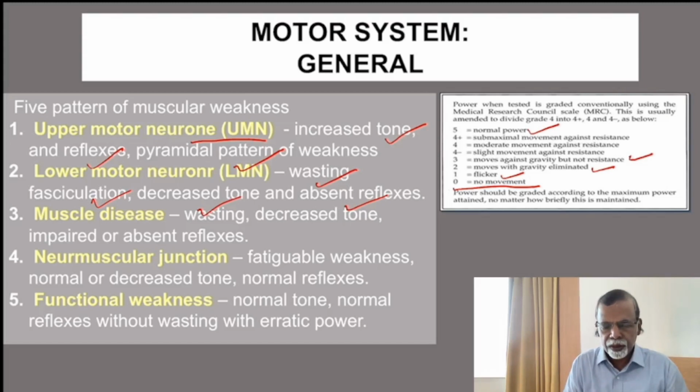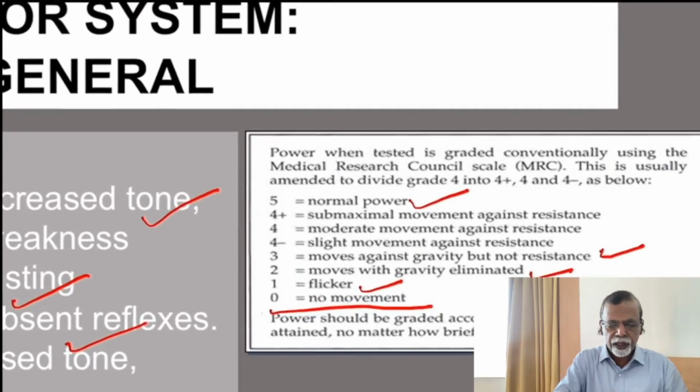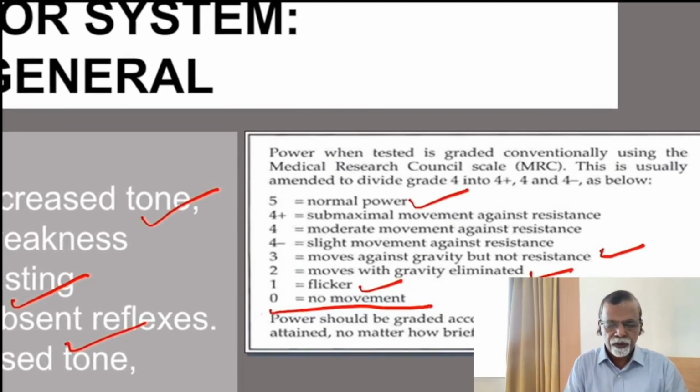And grade 5 is normal power. Some people divide grade 4 into 4 minus, 4 and 4 plus, depending upon the extent of weakness. That is, 4 minus means slight movement against resistance, 4 moderate movement, and 4 plus means submaximal power only.